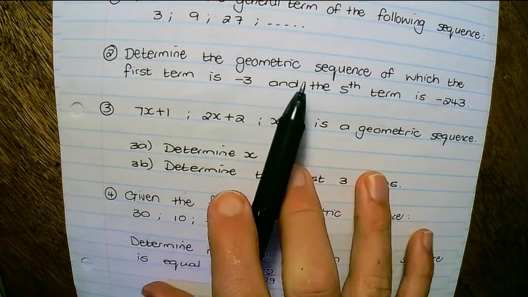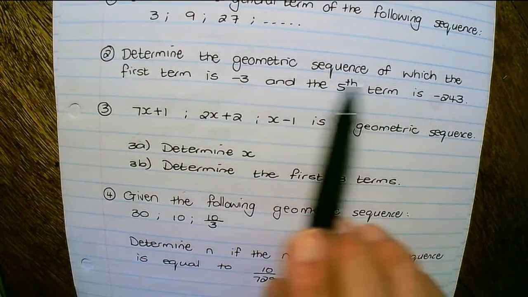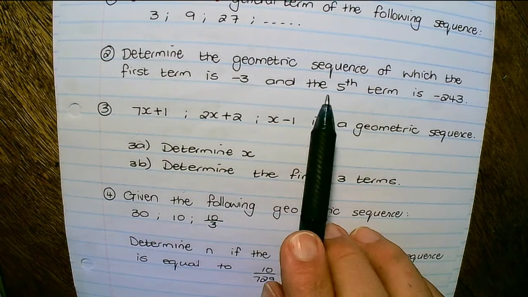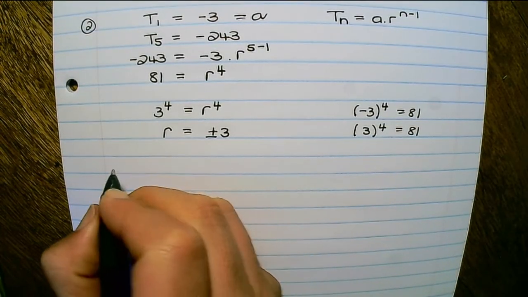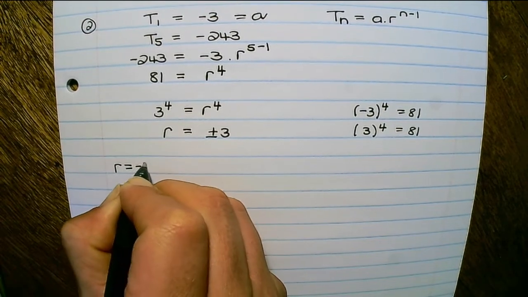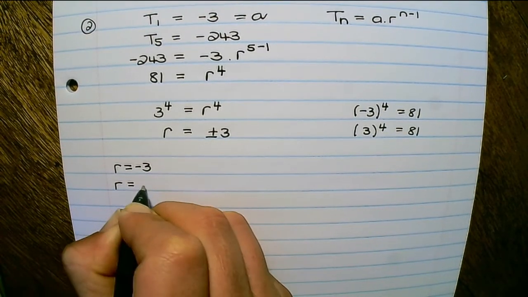So the question said, determine the geometric sequence of which the first term is negative 3 and the fifth term is negative 243. And in fact, we have two different sequences, one for r equals negative 3 and one for r equals 3.